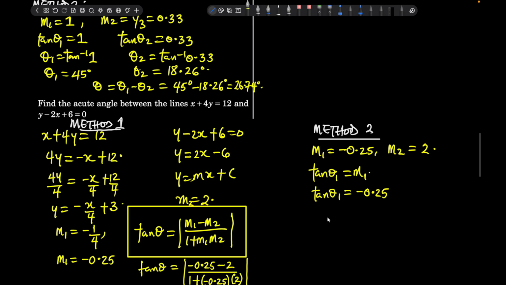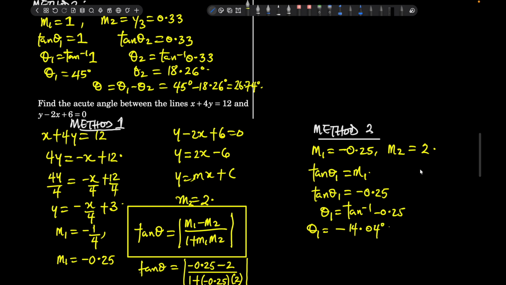Alright, so theta 1 is going to be equal to arctan 0.25. Let me do that on my calculator here. Arctan 0.25. So this is going to be minus 14.04.